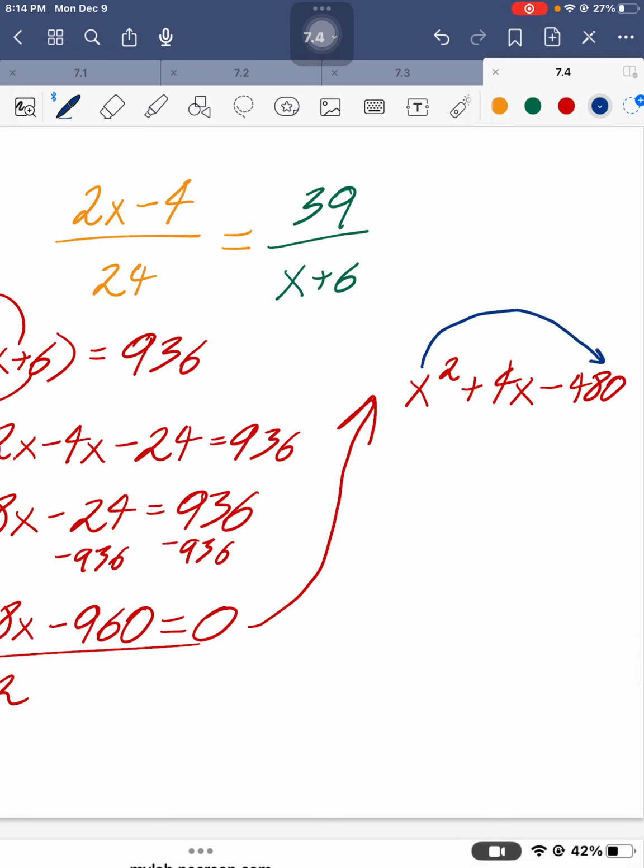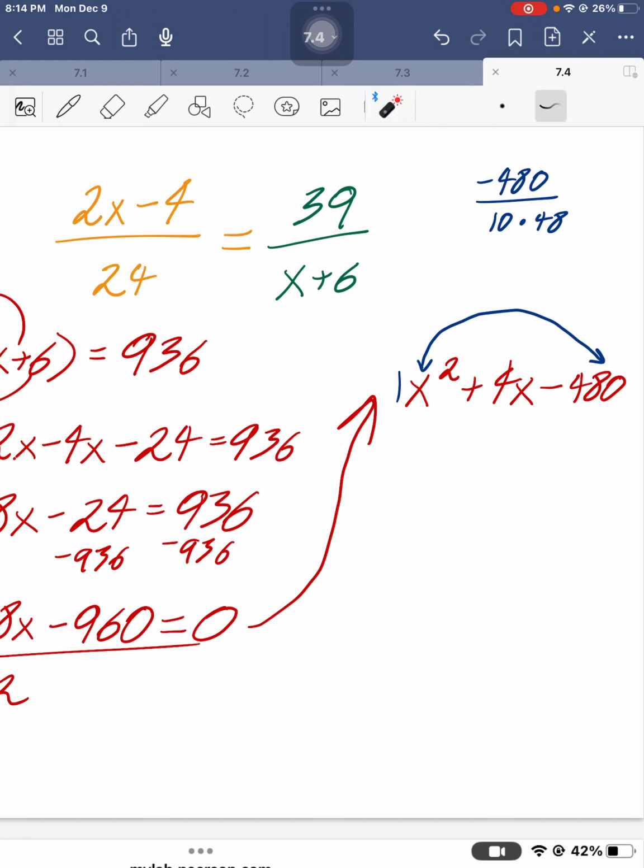Now, there's other ways that teachers do this. Things have changed, I guess, since I went to school, but we would just multiply this by this. And what is this number? This is an invisible 1. So I'd have negative 480. And now I want to find what numbers multiply to give me negative 480 and also add to give me positive 4.